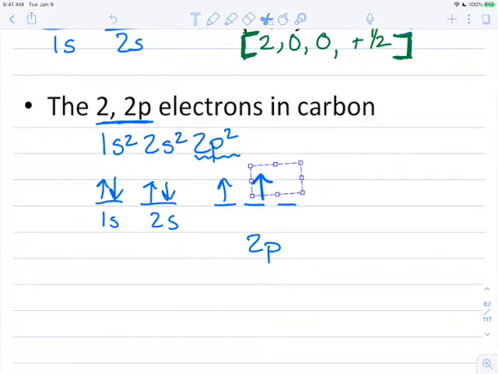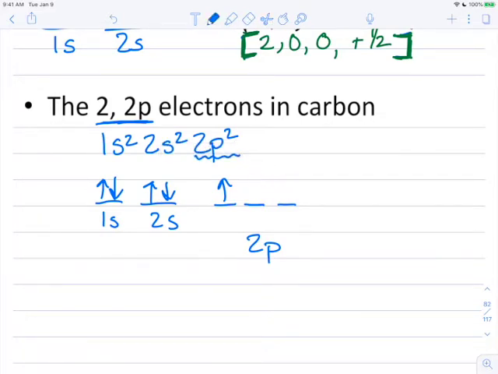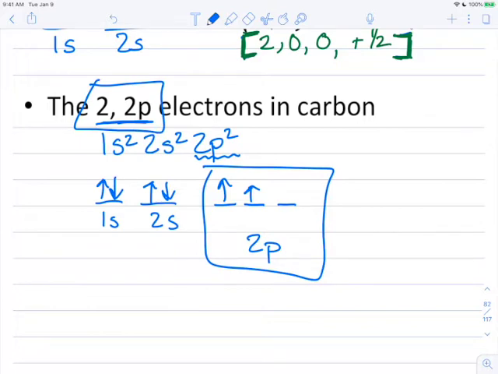Sorry, I'll stop playing with my devices. There we go. Okay. This is all we're looking at right now because that's all we were asked for. The 2p electrons in carbon.